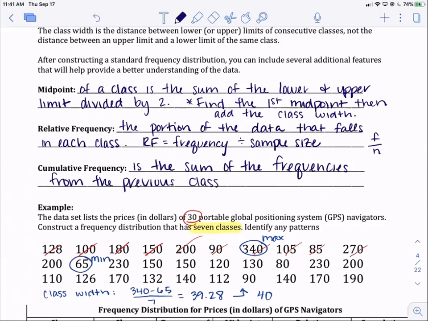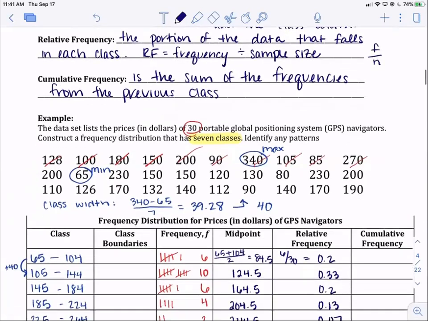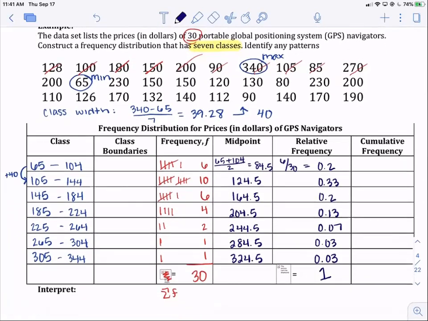The sum of the frequencies from the previous class. Okay, so if we go back to our table, the cumulative frequency would be just our first one, so 6. To find the next, we're going to add row 2 to row 1.